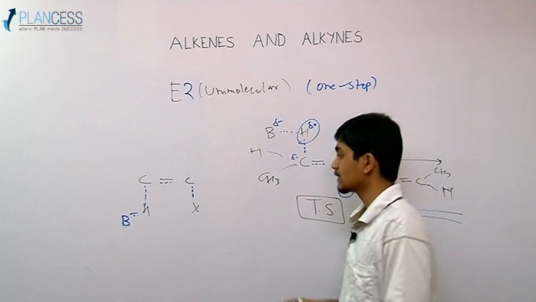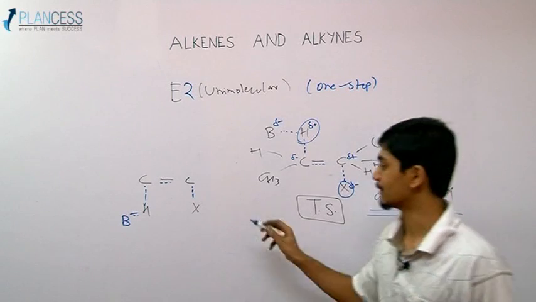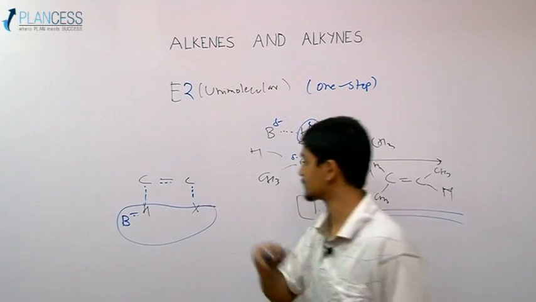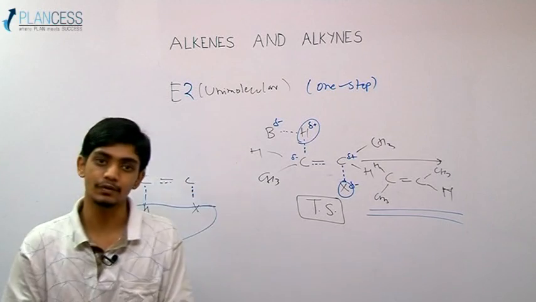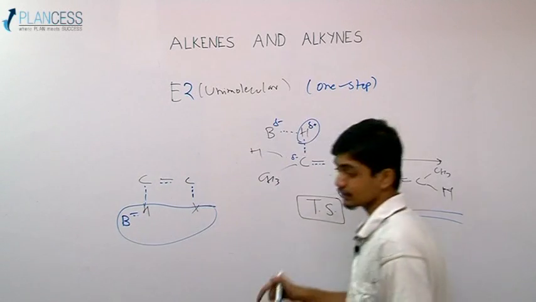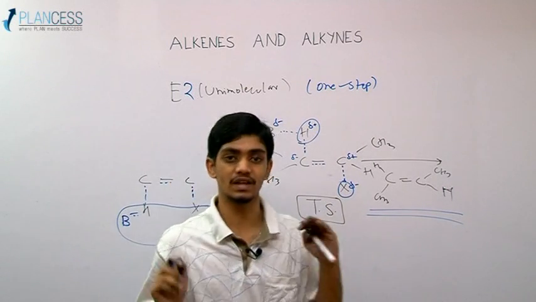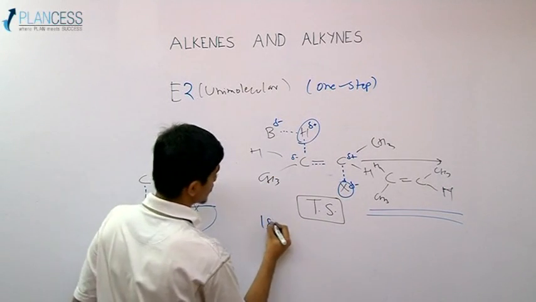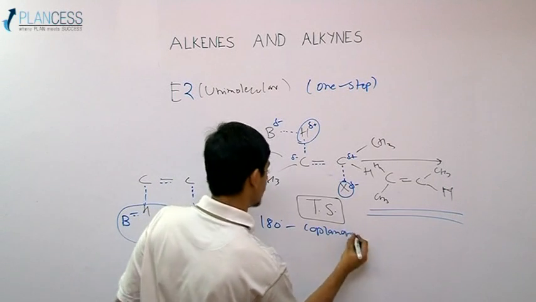That is because this transition state is more stable than this transition state, and the reason is the repulsion between the B minus and the leaving group X. The repulsion between these two causes this hydrogen and this X to be as far away as possible, and the maximum distance that they can achieve is 180 degrees, but they should be coplanar.